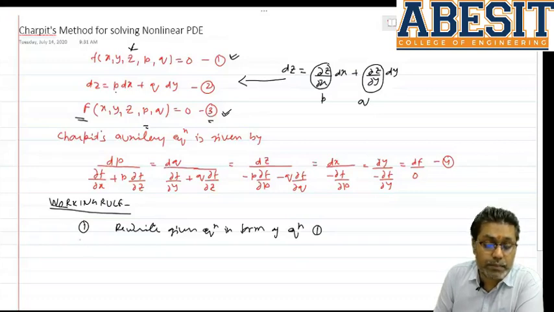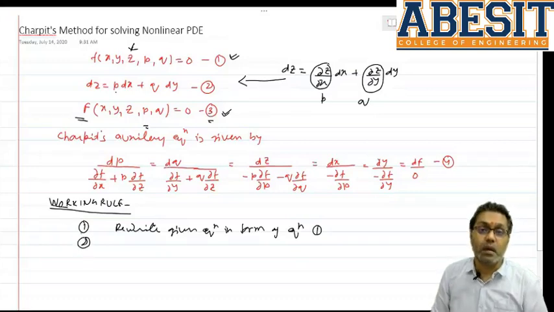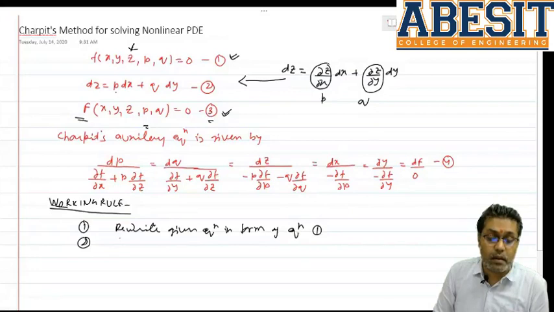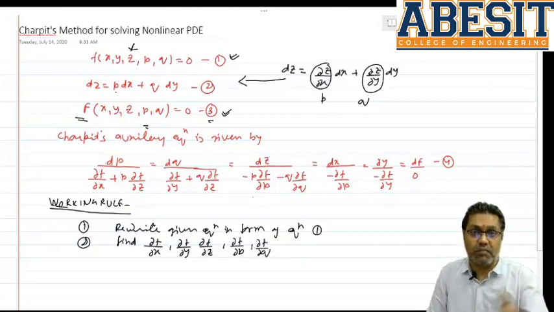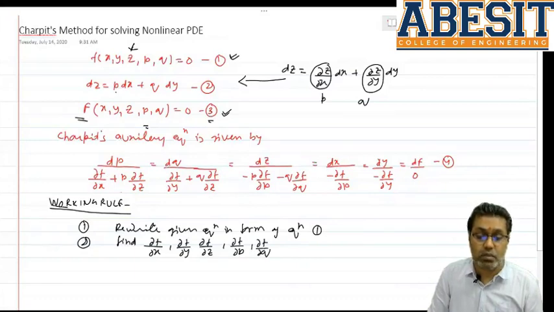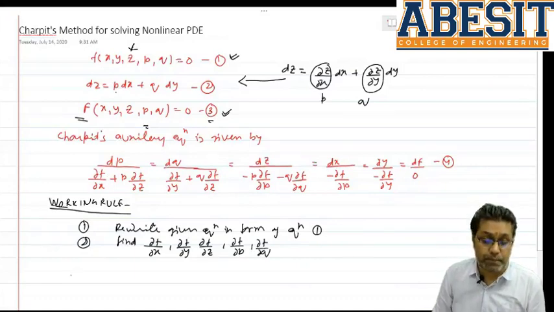Okay. Second, find del f upon del x, del f upon del y, del f upon del z, del f upon del p, del f upon del q. Why we are finding all these values? Since it is required in this auxiliary equation.